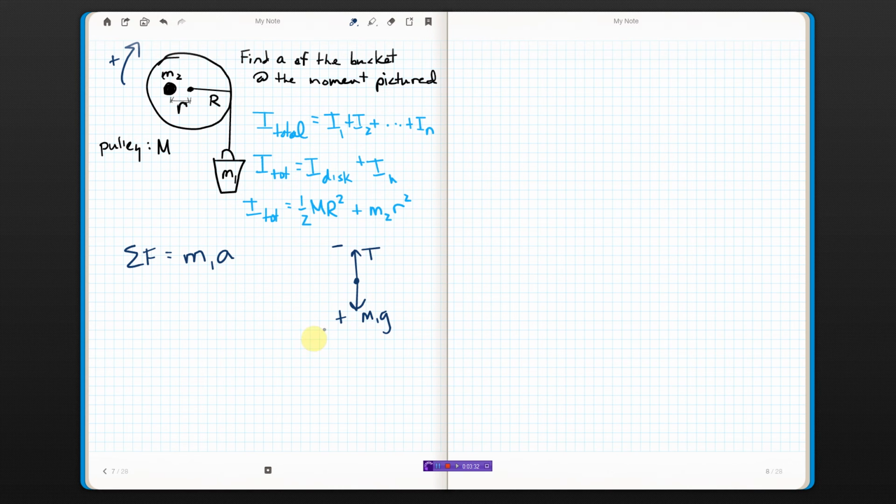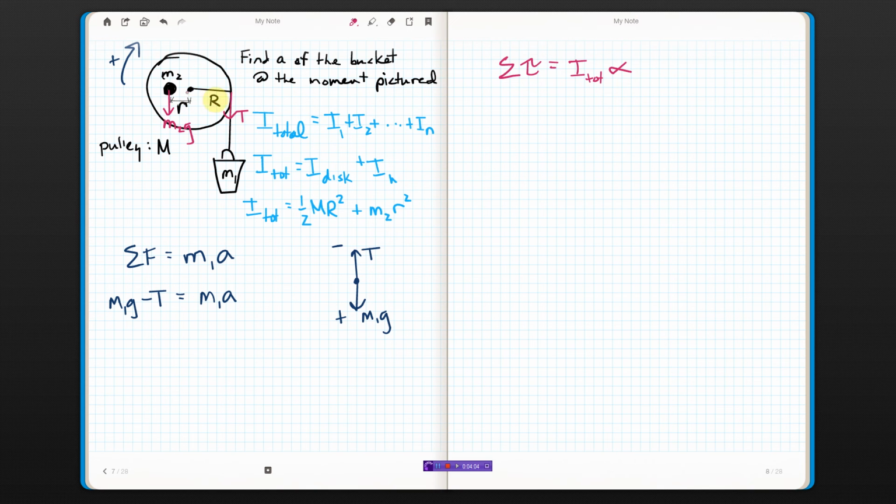So for the linear thing, the net force is m1g minus tension equals m1a, okay? Now let's do torque. Net torque equals total moment of inertia times alpha. Okay, so let's see, torques. We've got tension pulling down, and we've got the weight of this pulling down right here.